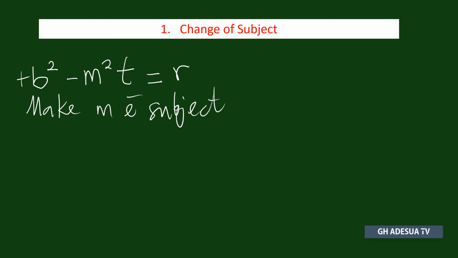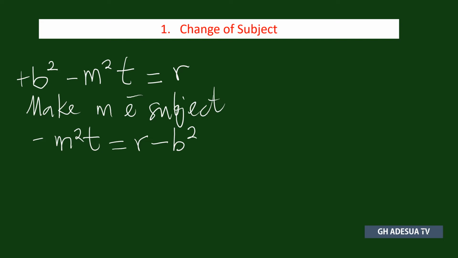So it will cross the equal sign. Now when the b squared crosses, it will leave negative m squared t is equal to r minus b squared. Now the b squared has left the m squared t.